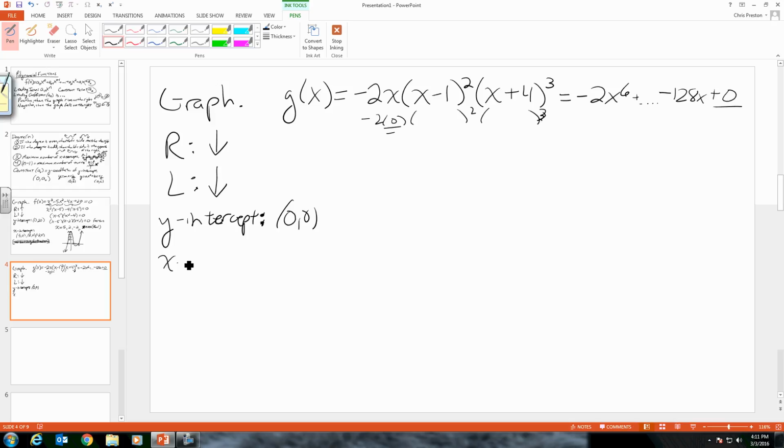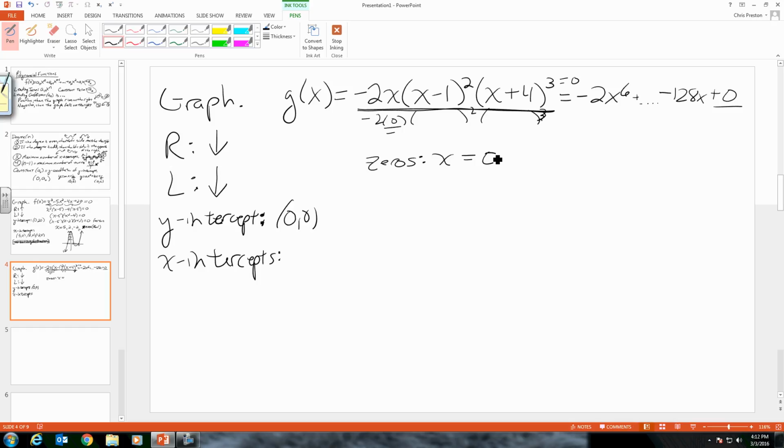Now I want to find my x-intercepts. Okay. So what I'm going to do is, again, set this thing equal to 0, and set each factor equal to 0. It's already factored for me, right? This is already in its factored form. So I'm going to say, okay, what are my zeros? My zeros are x equals 0.